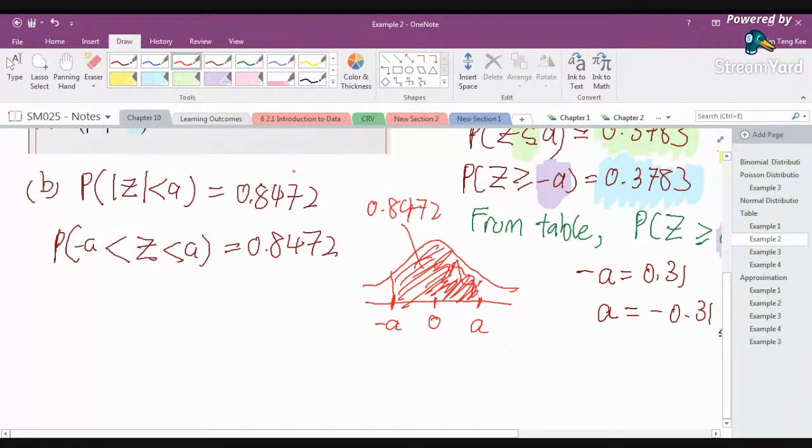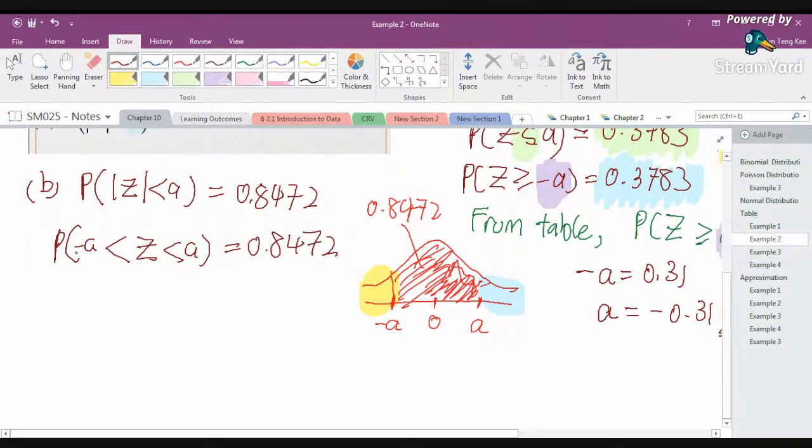I noticed that the part shaded in red can be calculated by taking 1 minus the regions I highlighted in yellow and also the regions I highlighted in blue.